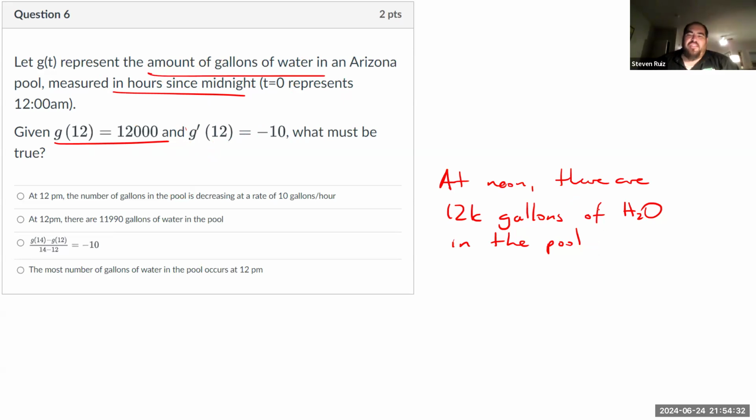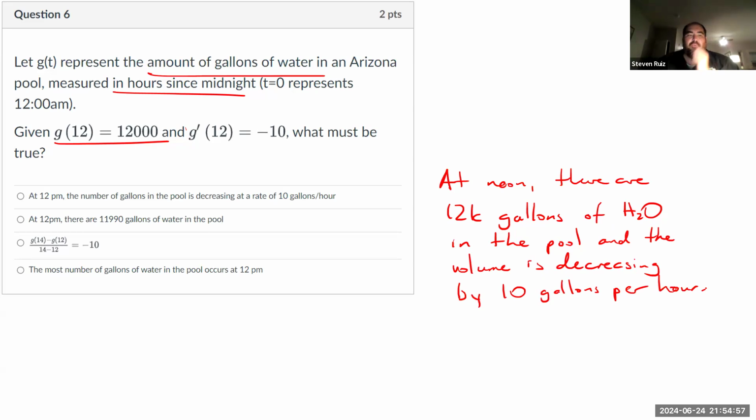At noon, there are 12,000 gallons of water in the pool, and the volume is decreasing by 10 gallons per hour. Okay, so now let's look at the choices and see what fits.